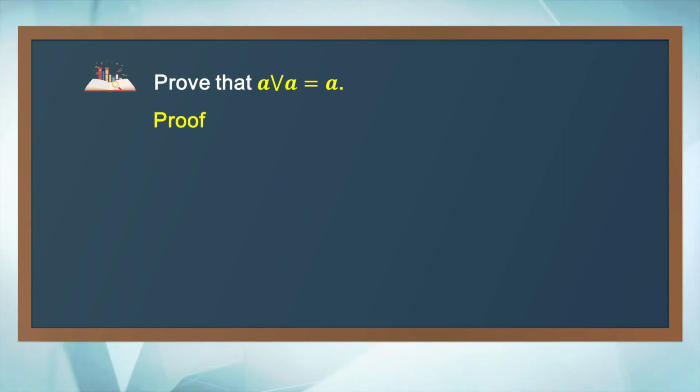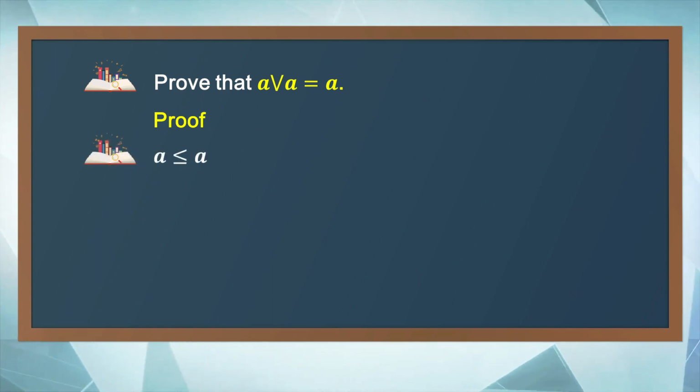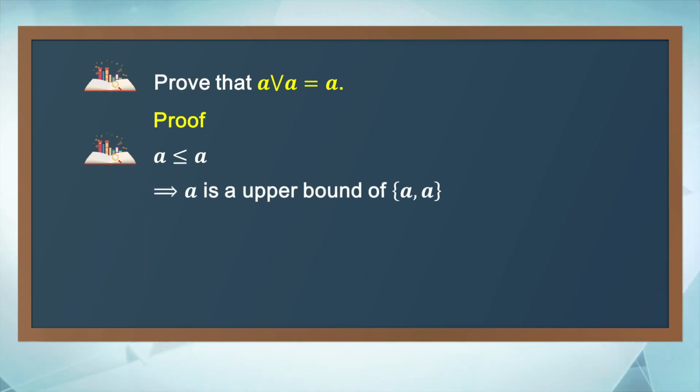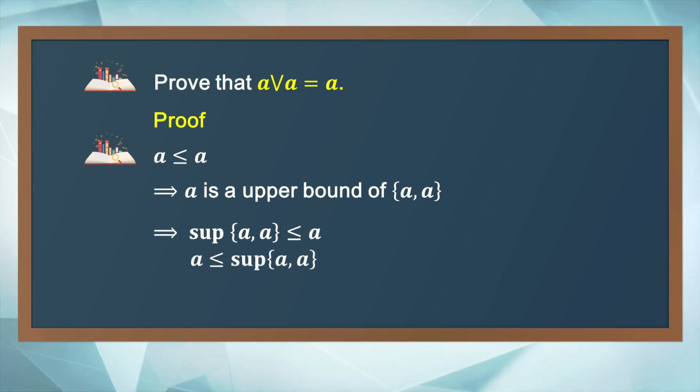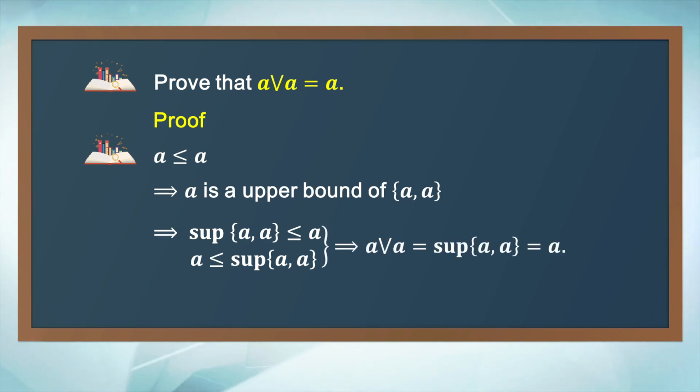First, using the reflexivity of the partial order, we have A is less than or equal to A, so A is an upper bound of A and A. Considering that the supremum is the least upper bound, we have the supremum of A and A is less than or equal to A. But the supremum is also an upper bound, so A is less than or equal to the supremum of A and A. Using the antisymmetry of partial order, we conclude that the supremum of A and A is equal to A. That is, the join of A and A is A. Similarly, we can prove that the meet of A and A, which is the infimum of A and A, equals A.